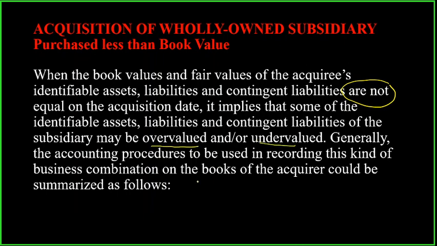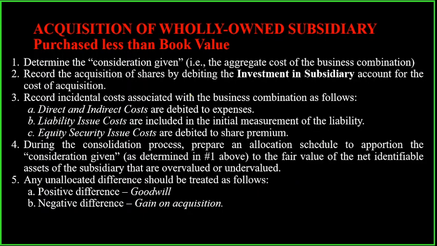Generally, the accounting procedures to be used in recording this kind of business combination in the books of the acquirer could be summarized as follows. First, determine the consideration given. This is standard, right? The acquisition price. Record the acquisition of shares by debiting investment in subsidiary. Nothing new. Record the incidental cost associated with the business combination as follows.